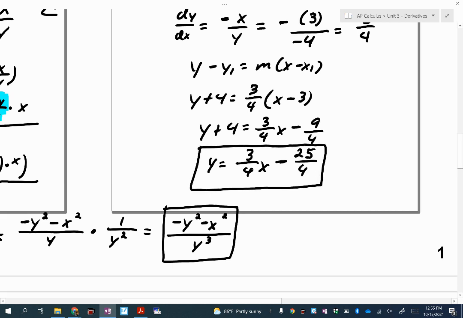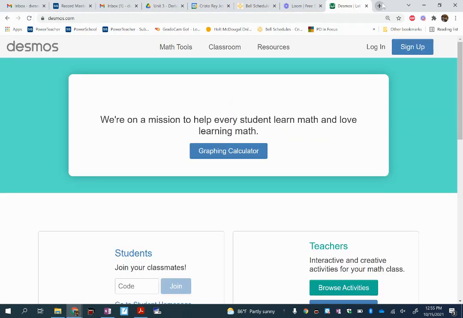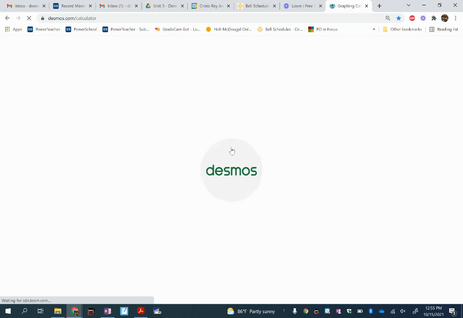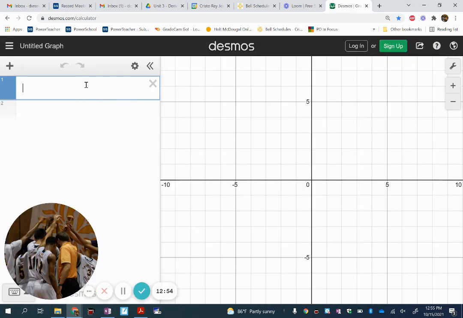Now I'm going to go to Desmos to show you everything we just did to connect it for your brain here. Essentially we're going to have a circle, x squared plus y squared equals 25. So here's Desmos. We've got x squared plus y squared equals 25.